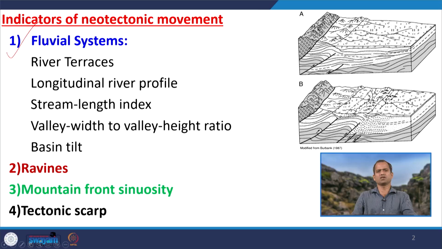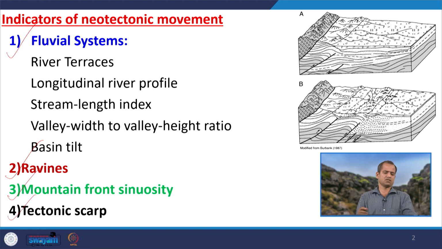Among the indicators of neotectonic movement, the fluvial system is the dominating, pioneering agent in determining neotectonic activities, followed by ravines, mountain front sinuosity, and tectonic scarps.